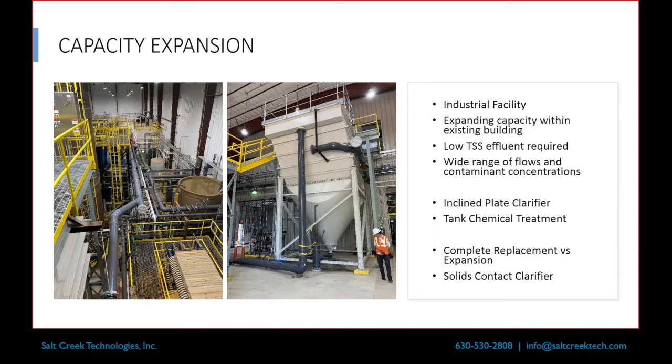This waste treatment plant was being fed by a lagoon, so in the spring they had some snow melt and rain and things like that, so they had high flows, but then that diluted down the concentration. So what we ended up doing, because we didn't have much space, was we went with an incline plate clarifier. Because the solids loading was low enough that we were able to do that.